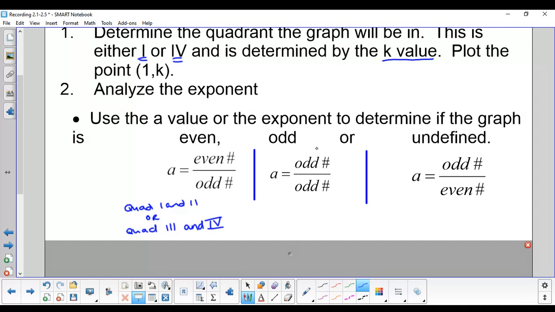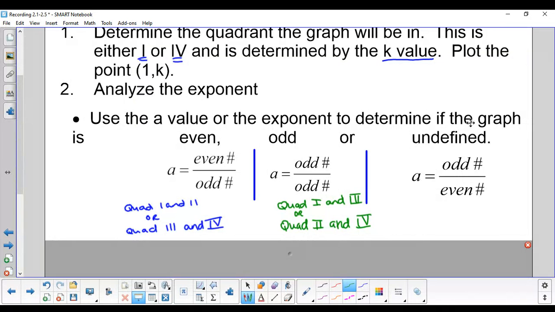We can have an odd function. An odd function will be in opposite quadrants or diagonal quadrants, so quadrants 1 and 3, or they could be in quadrants 2 and 4. So 1 and 3 or 2 and 4.